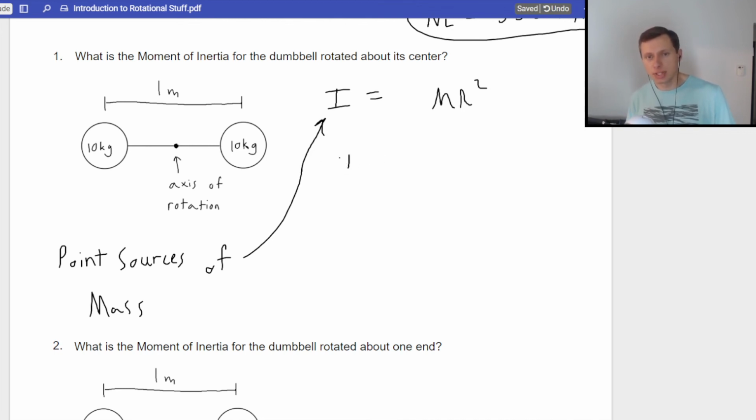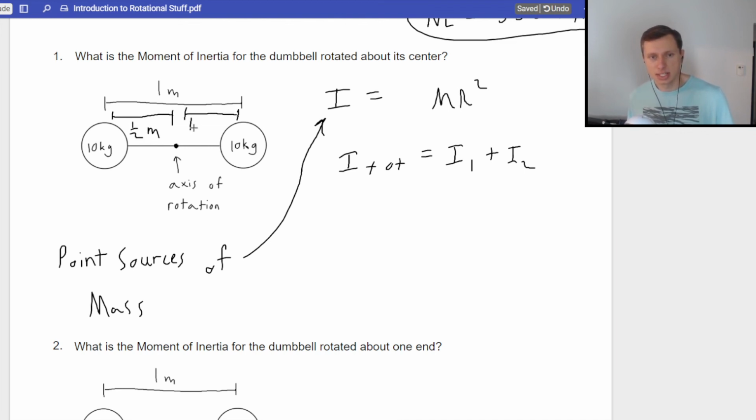Now again, if we want to find the total, we have to find I1 plus I2, the moment of inertia on the left plus the moment of inertia on the right. Luckily, this is symmetrical, so they will be equal. And we also know it's exactly in the center. Great. So this distance is 1/2 meter.